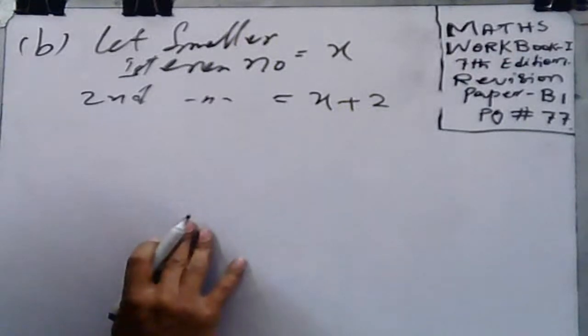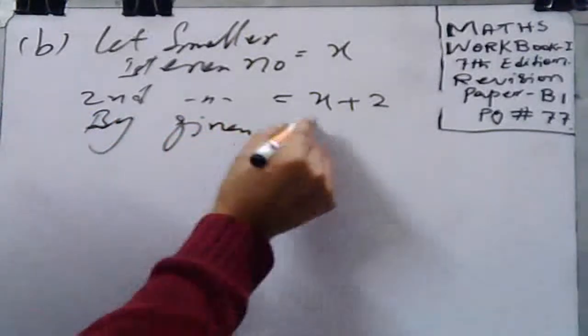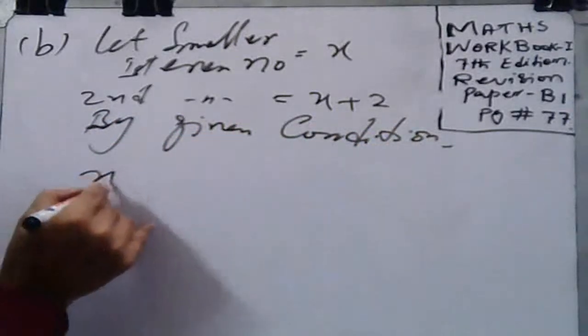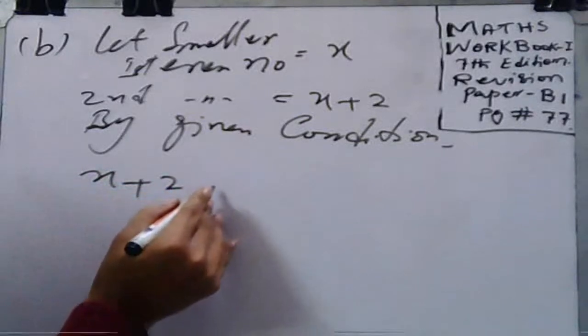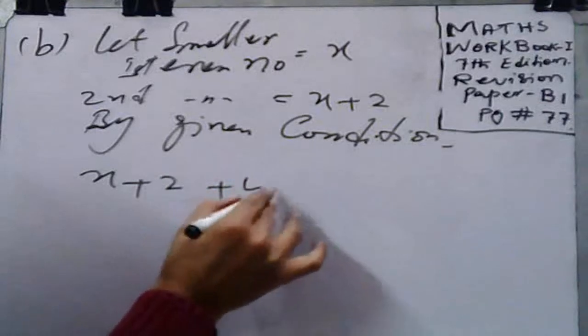So by the given condition, if you read the statement, he says the sum of x plus 2, plus 4 times the number, plus 4x, is equal to 72.